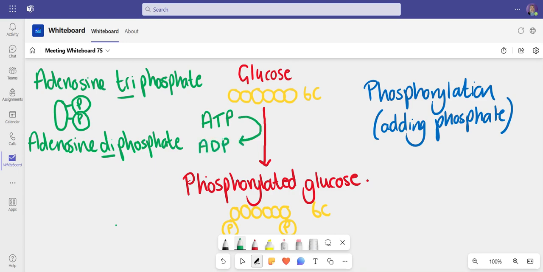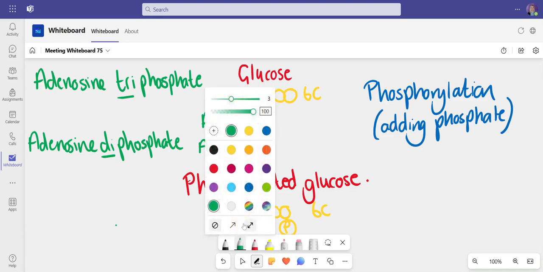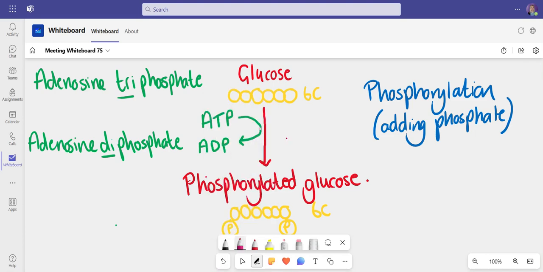So if we break down ATP into ADP, by drawing this curved arrow just there, what I'm showing is that the phosphate that's come off has actually been given to this reaction. This was adenosine triphosphate, and this arrow represents one of those phosphates being removed and passed on.